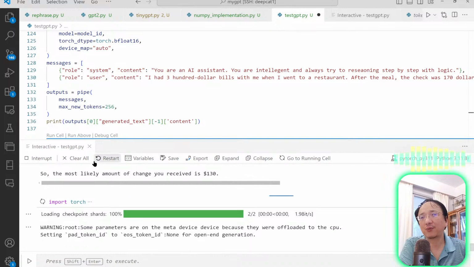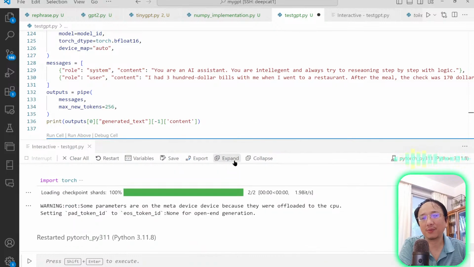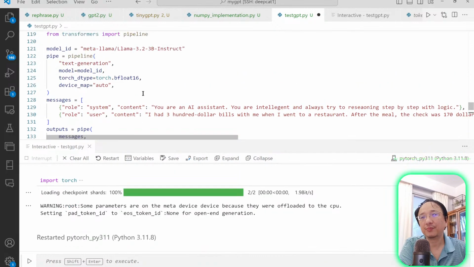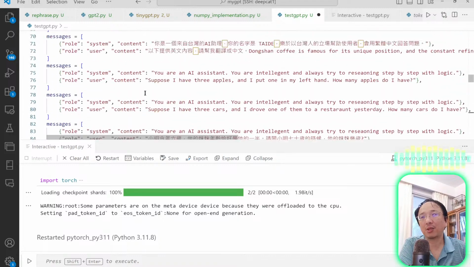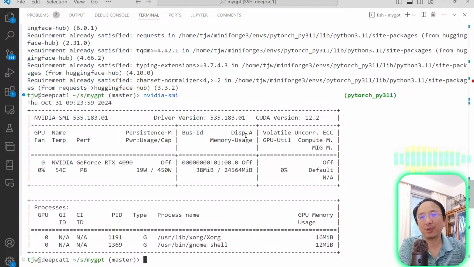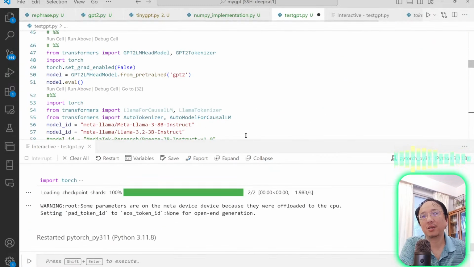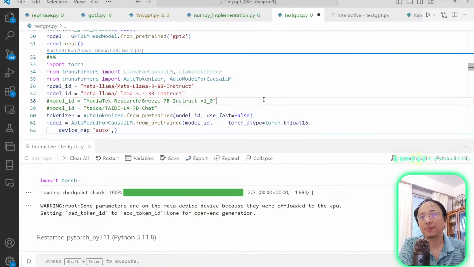Okay, it's kind of too slow. Maybe I loaded too many models. Let me restart it and run it again. Let me make sure the memory is cleared. Okay, it is cleared. So let me run it again.